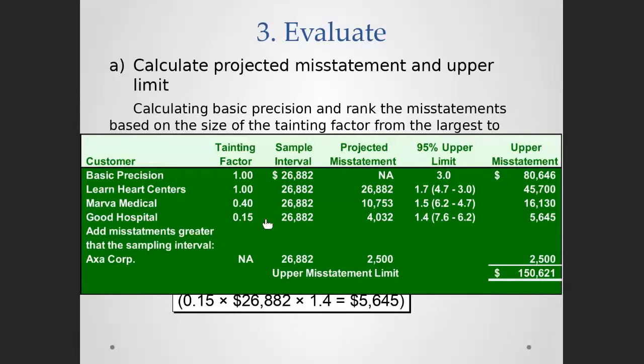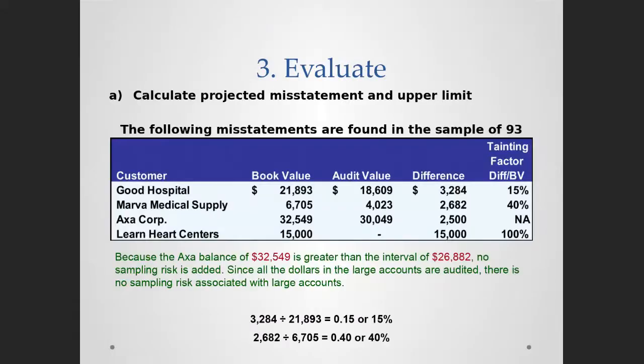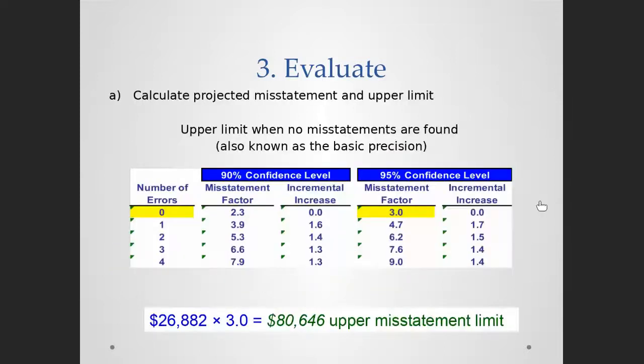Then we go to the third one, Go to Hospital, same calculation, 0.15 times 26,882, we get 4,032. Multiply that with 1.4, which is the misstatement factor from the third error right here, error number 3, 1.4.